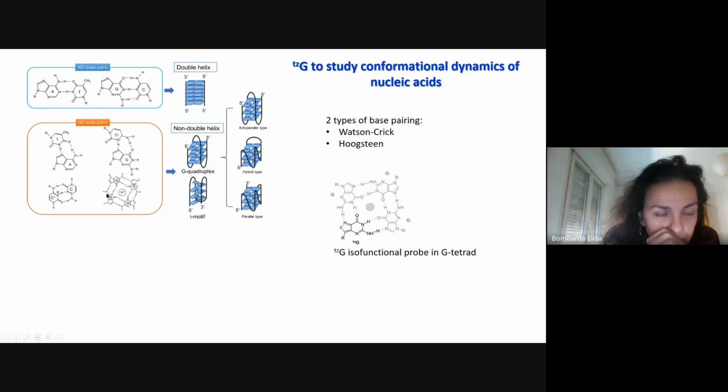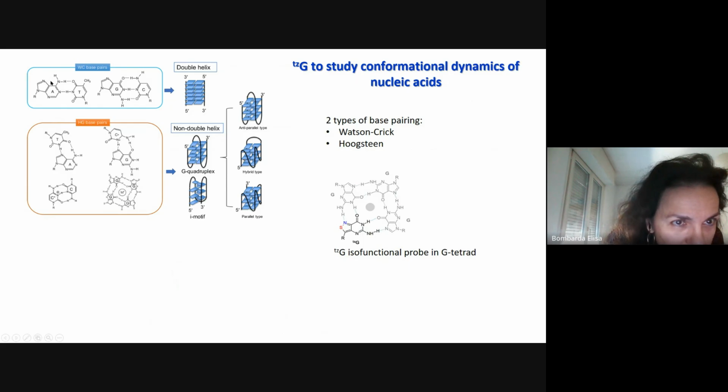But there is also another type of base pairing, which is called Hoogsteen base pairing, that involves other groups. So not these groups here, but the other ones.